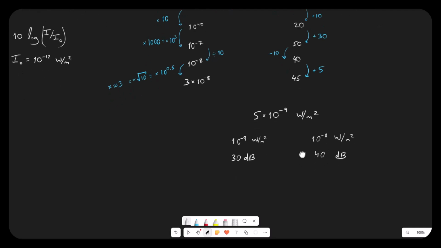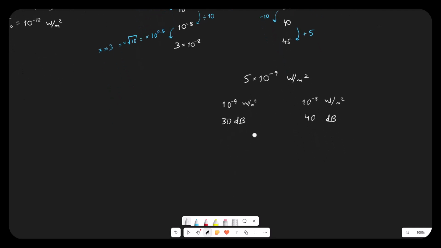I am at 5 times 10 to the negative 9th, so if I have my in-between spot, and say 3 times 10 to the negative 9th watts per square meter is going to be 35 decibels. I'm at 5, so I must be somewhere between 35 and 40.